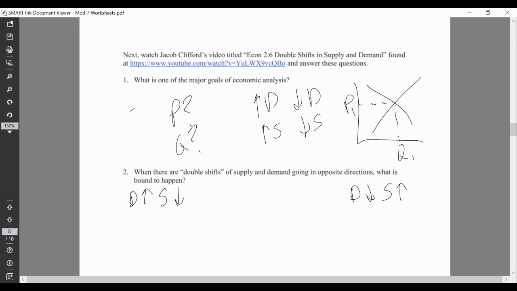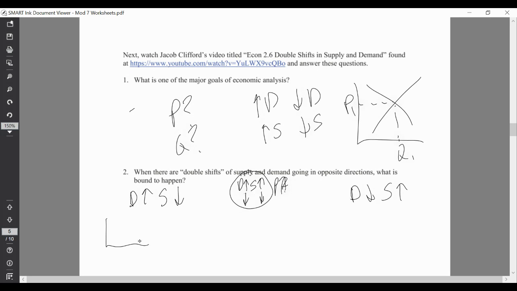So they're going in opposite directions. Because we know if demand increases and supply increases, price is ambiguous, but quantity will increase. And if demand decreases and supply decreases, once again price is ambiguous and quantity will fall. So in these, I'll put the question mark for price. The other 2 are going to be the exact opposite.